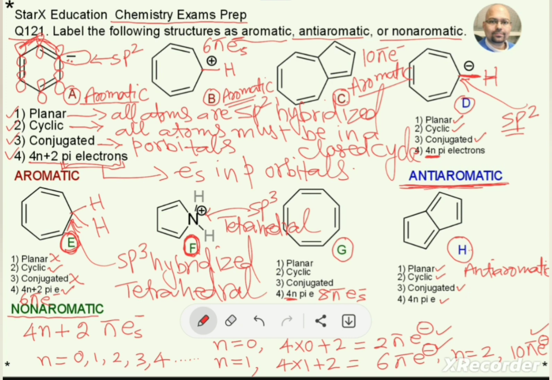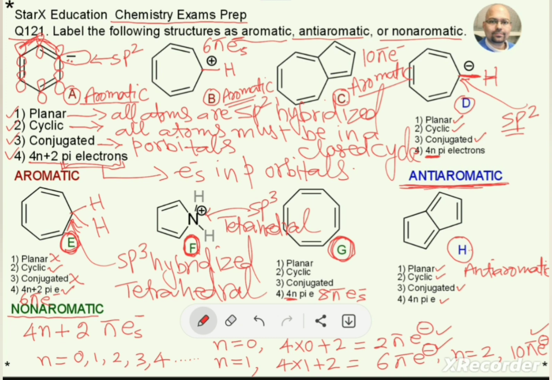The reason is that the shape of this molecule is tub shaped. These carbons try to minimize the energy, and in order to avoid being anti-aromatic, they change their shape, and the molecule takes the shape of a bathtub. Therefore, cyclooctatetraene is non-aromatic.